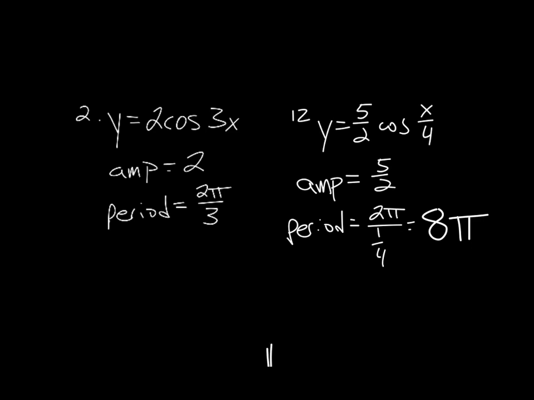So then, what about 18? What's the difference between 18 and, oh God, the negative on the inside? That's usually a horizontal reflection. So cosine, right? If you're looking at cosine over there on the board, oh no, we're doing sine here. So we look at sine on the board.